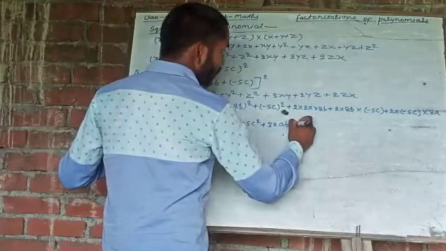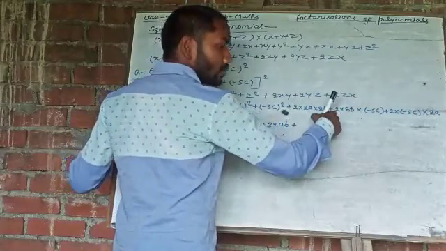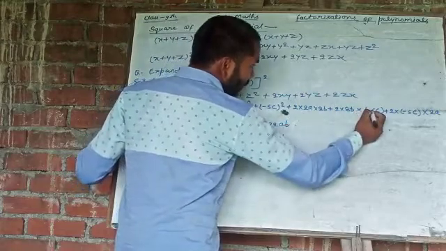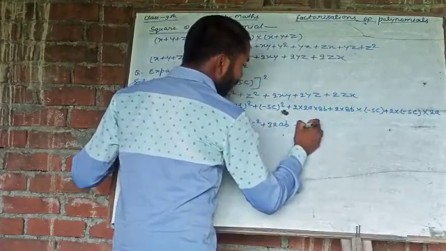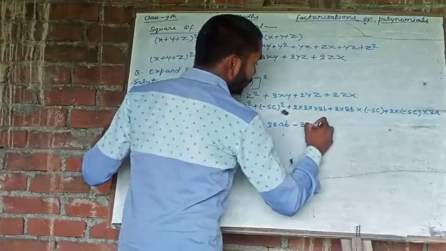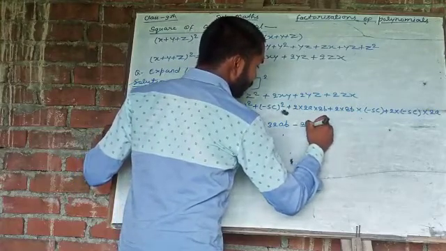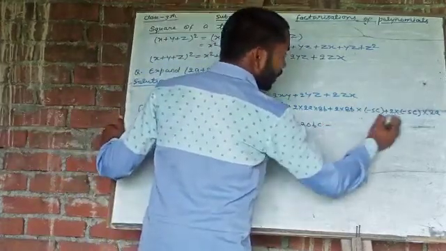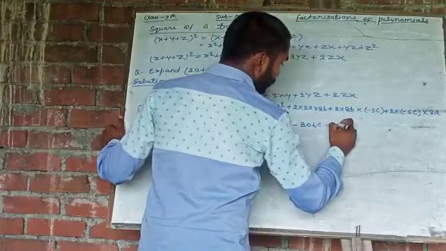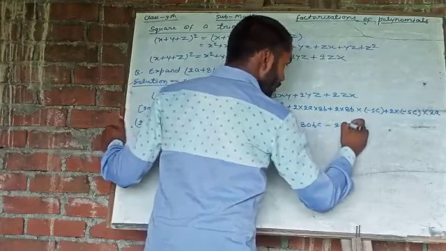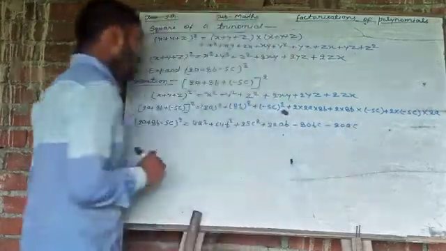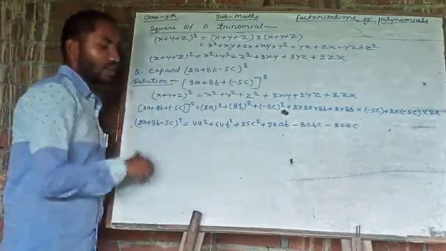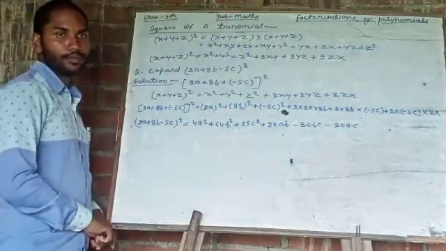Again from here 8 2s are 16 and 16 5s are 80, and it will be negative because here it is minus, so minus 80bc, and here also plus minus minus, and 2 5s are 10, 10 2s are 20, so 20ac. So this is the square of 2a plus 8b minus 5c whole square.